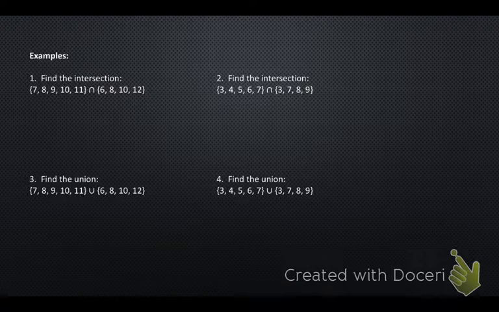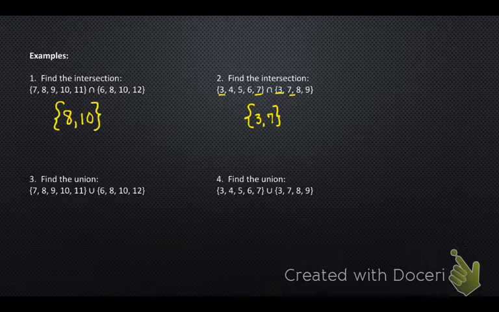What is it? Or what are they? 8 and 10? So 8, 10, and then close the brace. On 3, 3 got repeated, 7 got repeated. So my intersection here is 3 and 7.